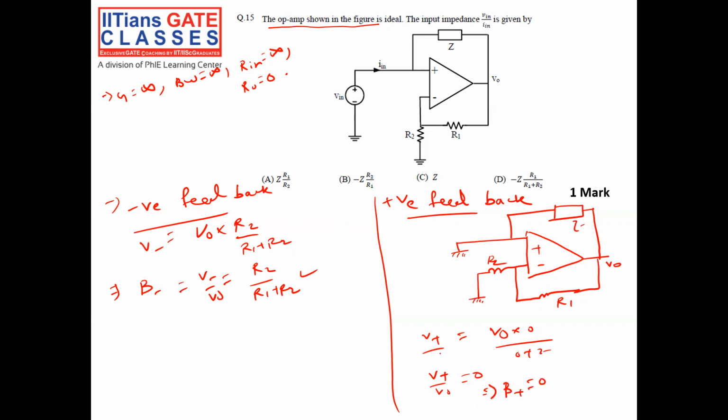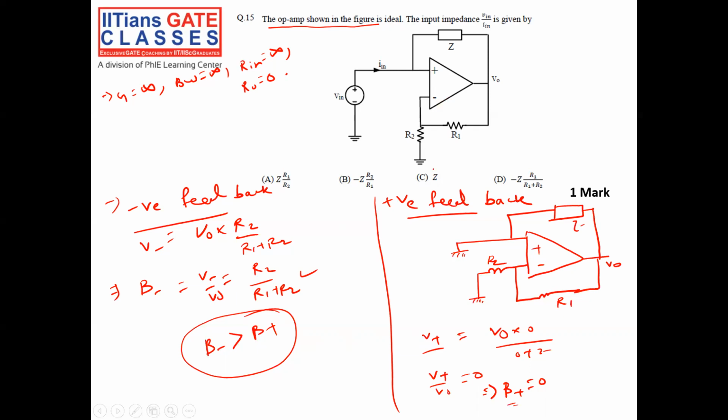Since the positive feedback factor is 0 and the negative feedback factor is some quantity, beta minus is greater than beta plus, so the overall circuit is in negative feedback, since the feedback factor for negative feedback is more compared to positive feedback.